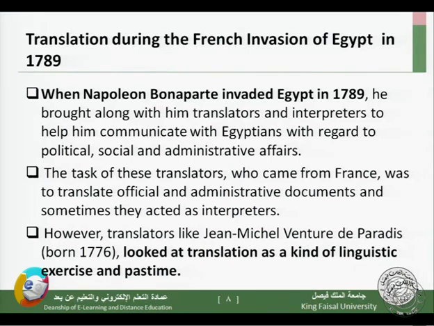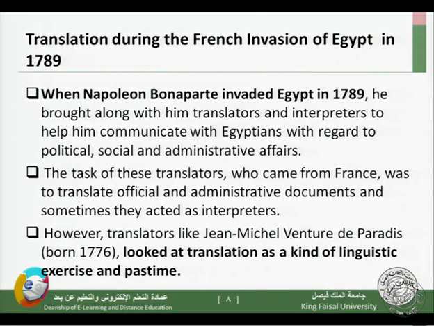Now, when Napoleon Bonaparte invaded Egypt in 1789, he brought with him translators and interpreters to help him communicate with the Egyptians with regard to the political, social, and administrative affairs, to be able to communicate with the local people.